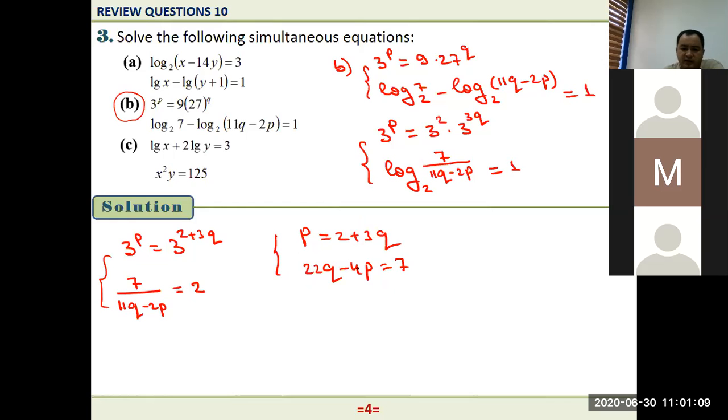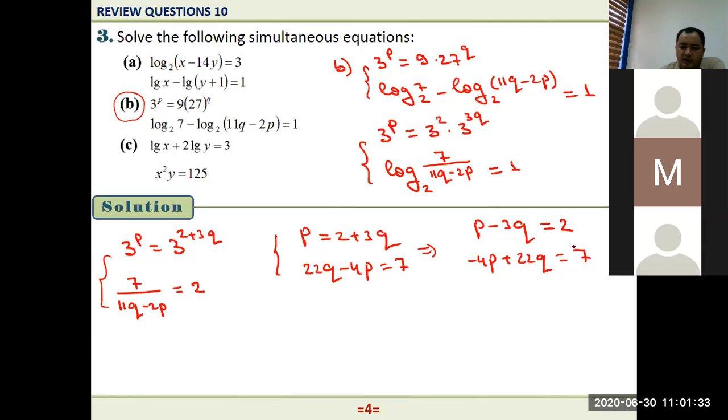What is it? We got here simultaneous linear equations, right? And you know how to solve this. That is very easy. Take to the left hand side: P minus 3Q equals 2. And just keep this one like this: minus 4P plus 22Q equals 7.